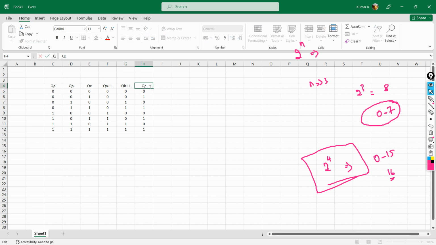Assuming it is in 000, the moment you get your pulse, where does it have to go?